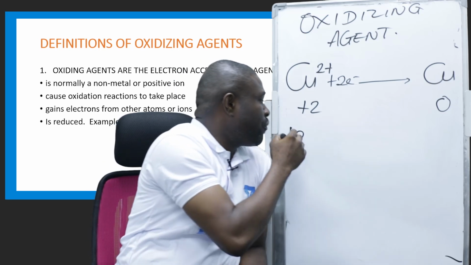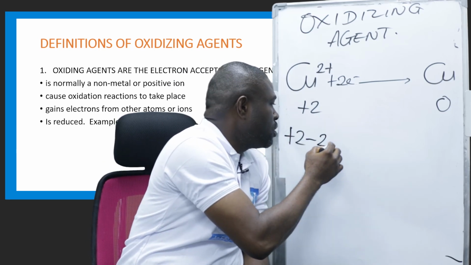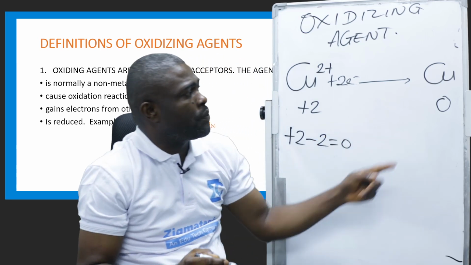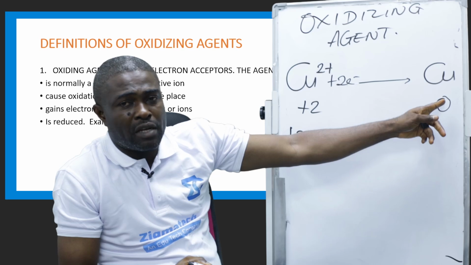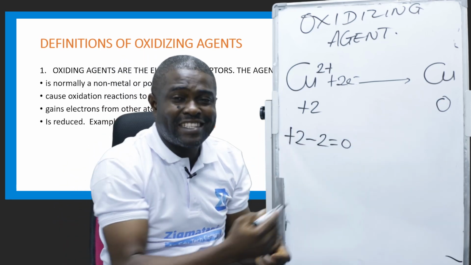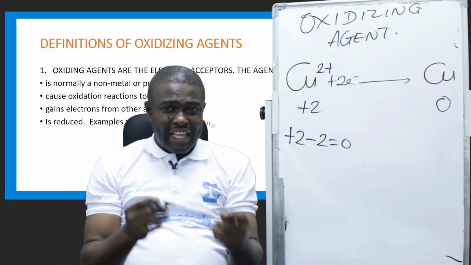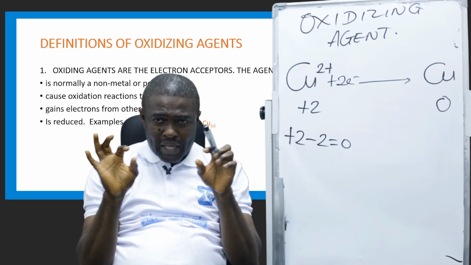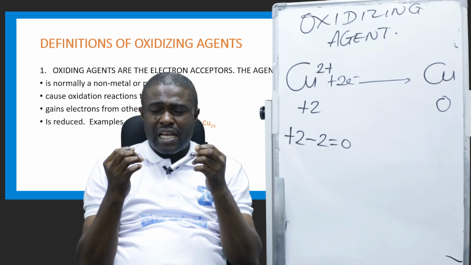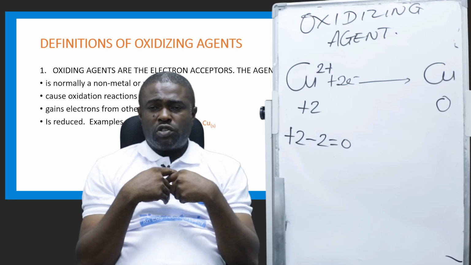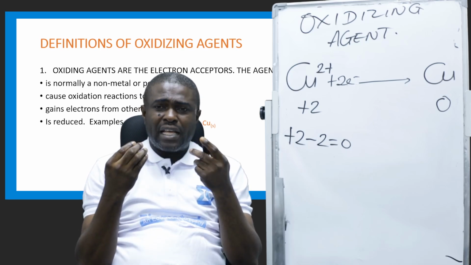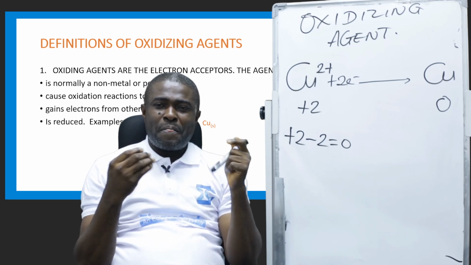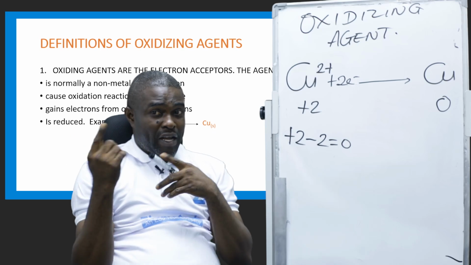So if I have +2 minus 2, I will have a total of 0, which then corresponds to 0 at my right-hand side. In that case, what is the particular substance in that equation that has taken that electron? Where did we add that electron to? To Cu2+ at my left-hand side, or to neutral copper at my right-hand side?